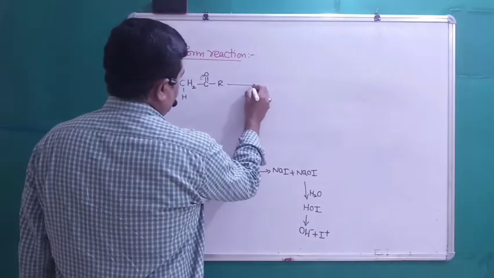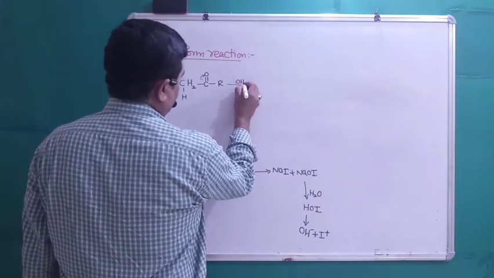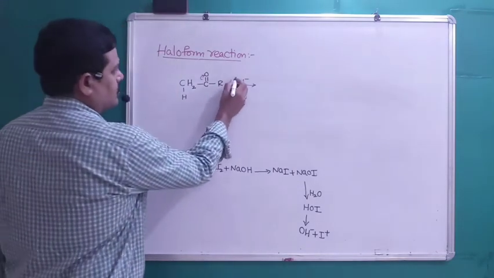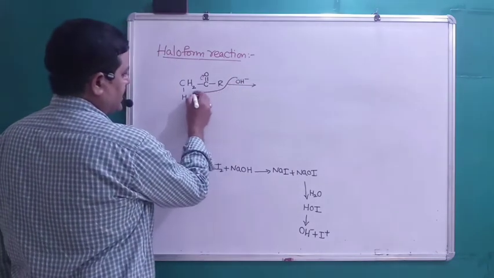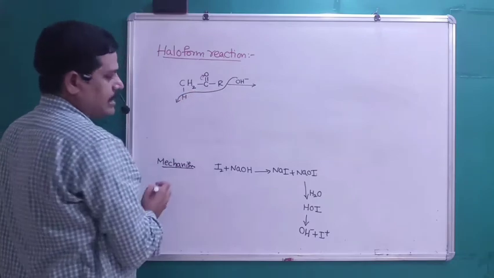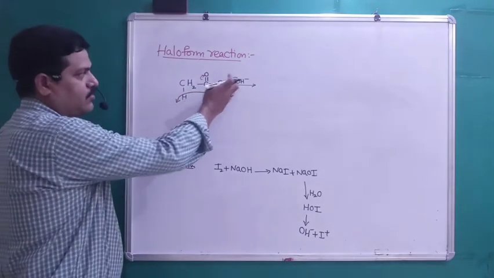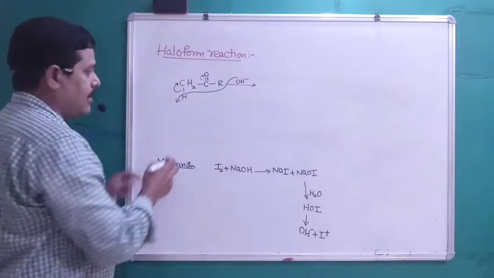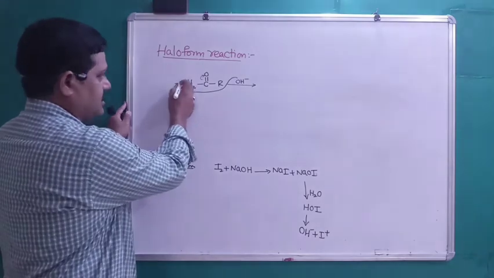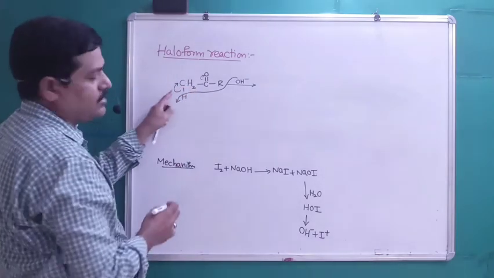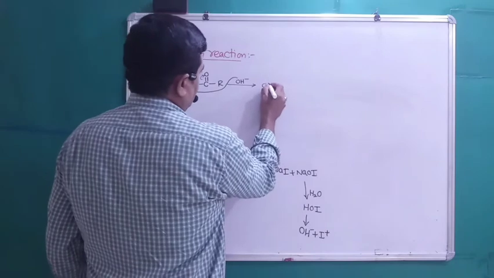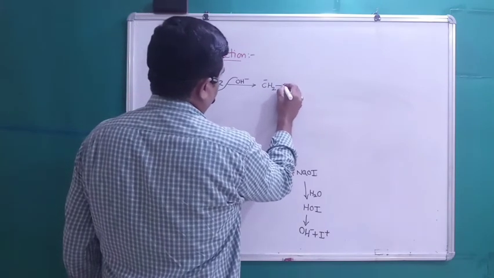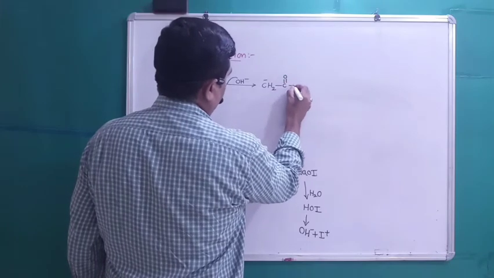In the reaction mixture OH minus is present because the reaction is in alkaline medium. OH minus abstracts this hydrogen as H plus, and the bonded pair of electrons stays on carbon, generating a carbanion, CH2 minus-C=O-R.